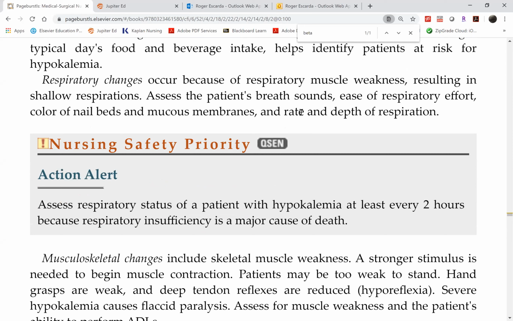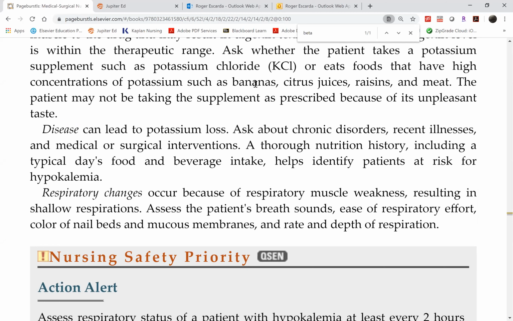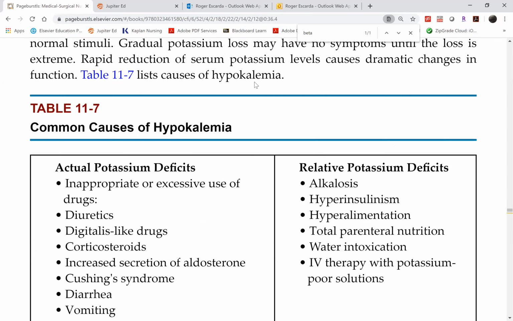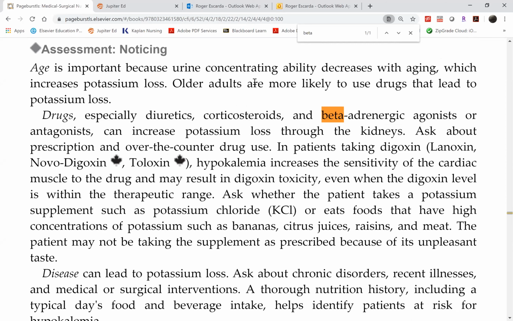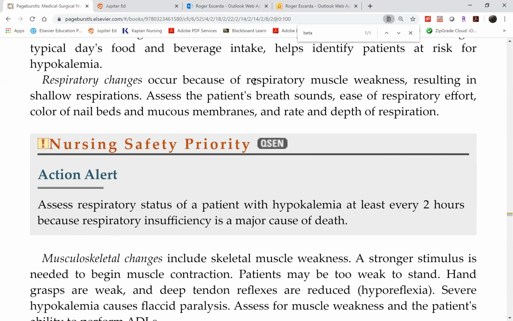Respiratory changes. Potassium will excite cells, especially muscles, and remember that the diaphragm is a muscle. In hypokalemia, if your potassium is low, it will weaken muscles. In fact, whether your potassium is high or low, you'll see muscle weakness in both imbalances.